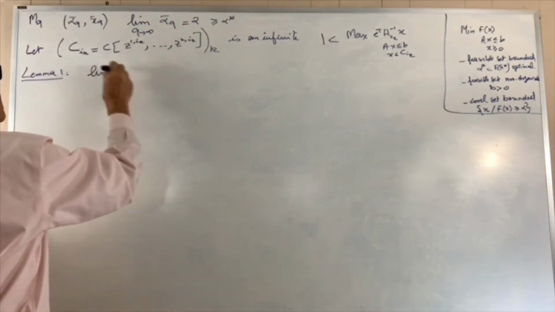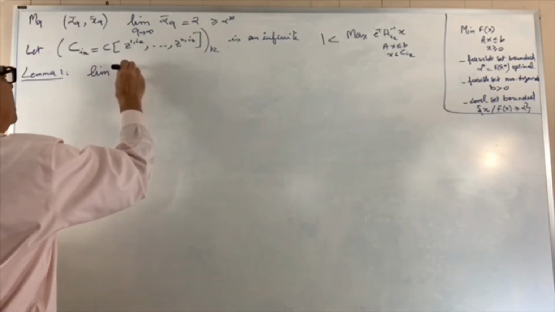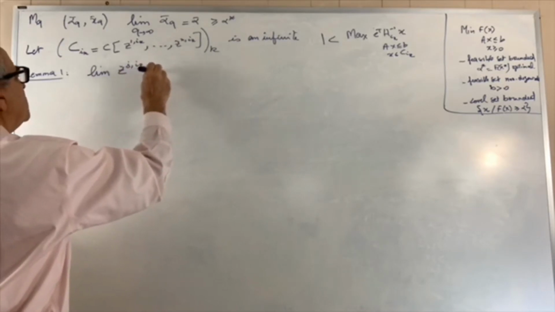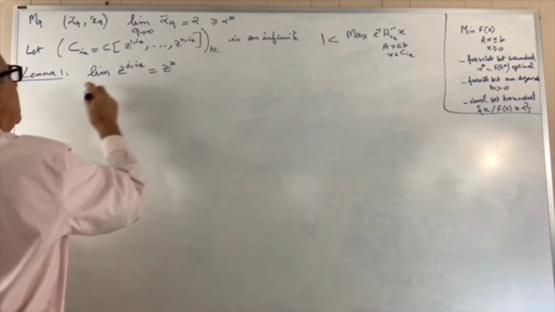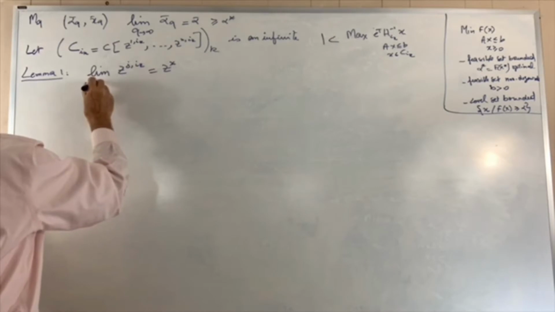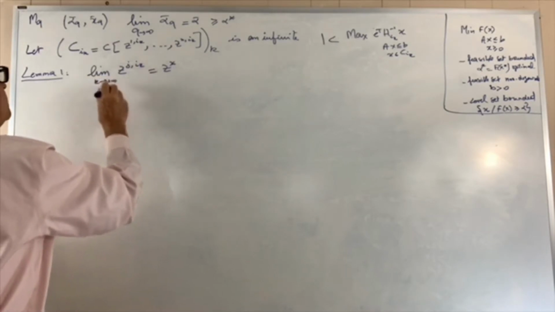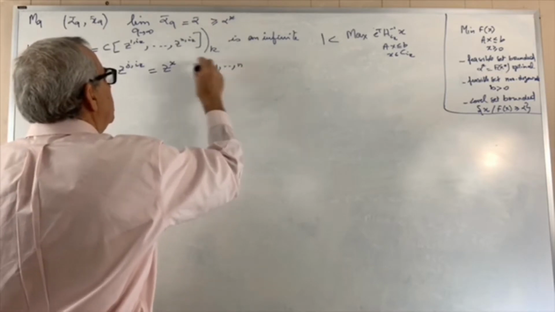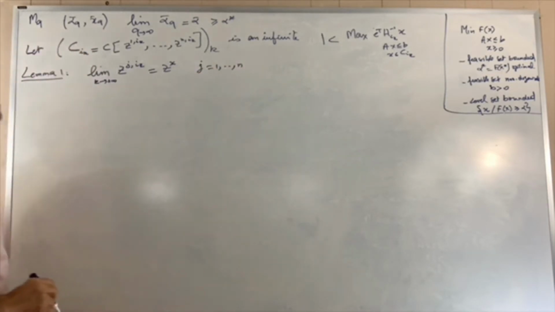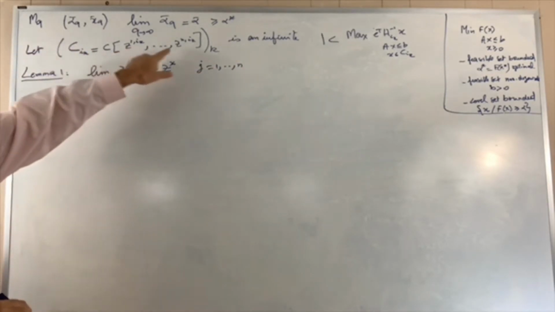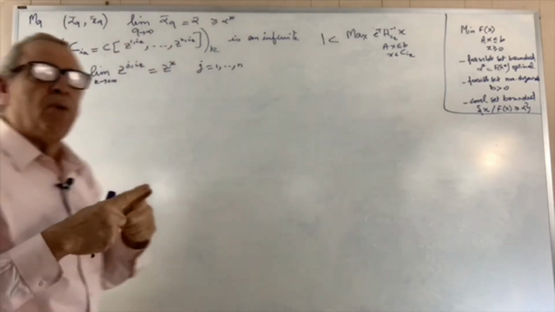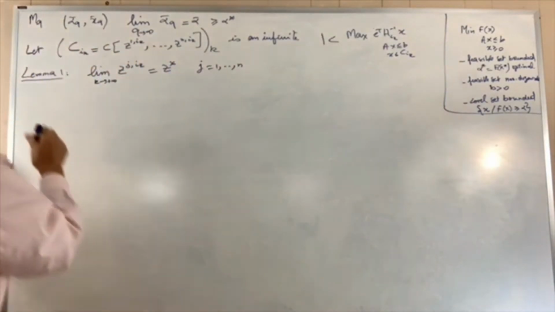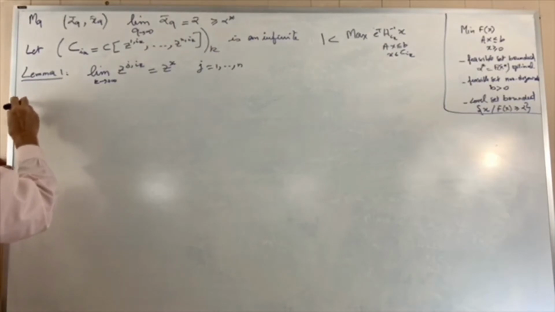So the limit of z_j^{i_k} is equal to some z star for k going to plus infinity, and this is true for j equal 1 to n. So all these z's that define the cone collapse to a single point.